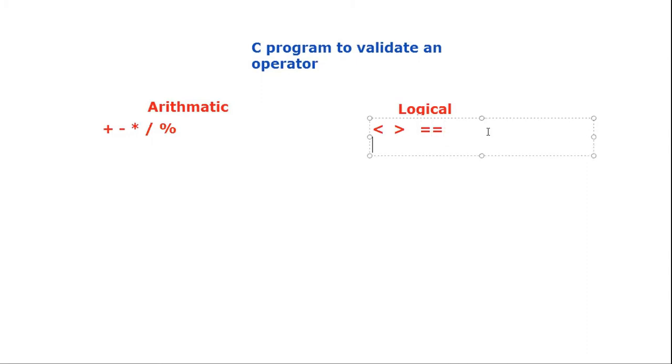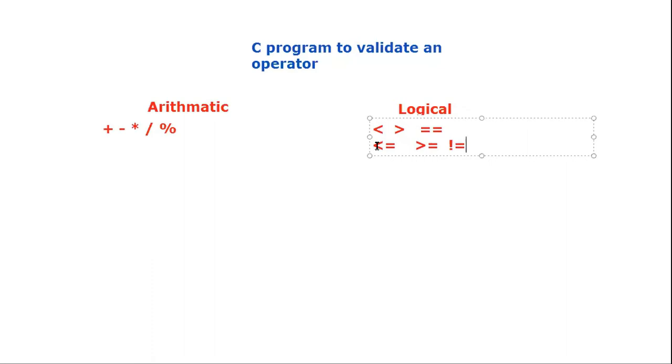So otherwise we have smaller than equal to, or greater than equal to. Then also we have another one, that is not equal to. So these are the basic logical operators.